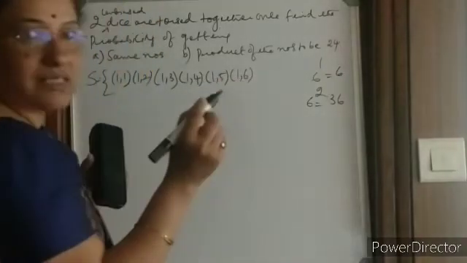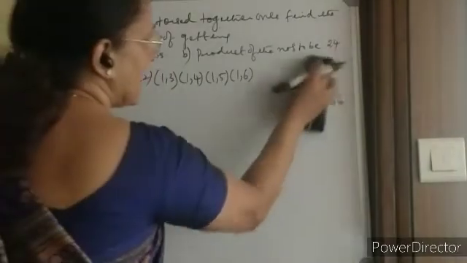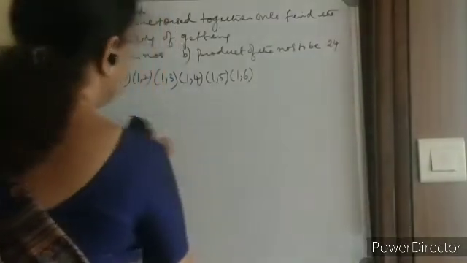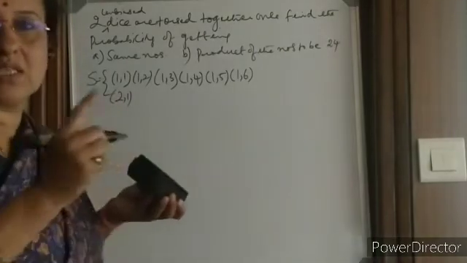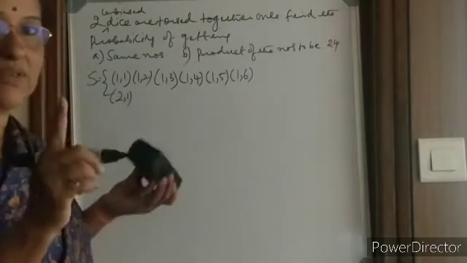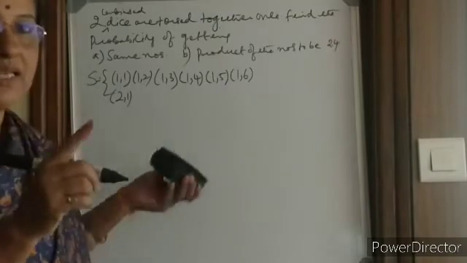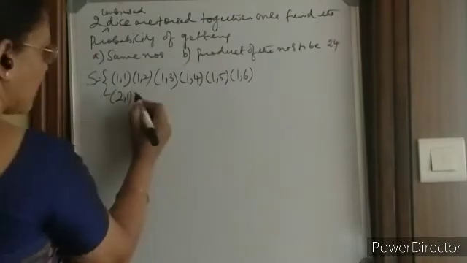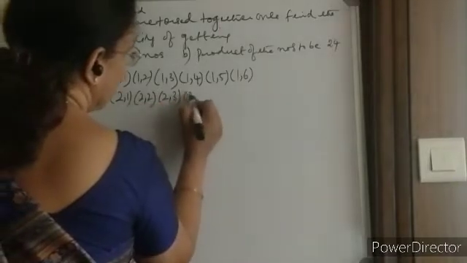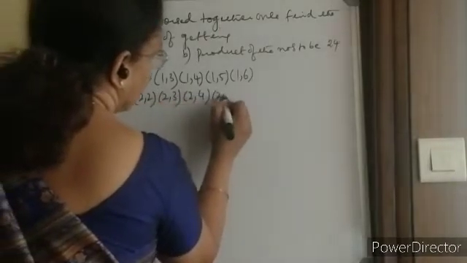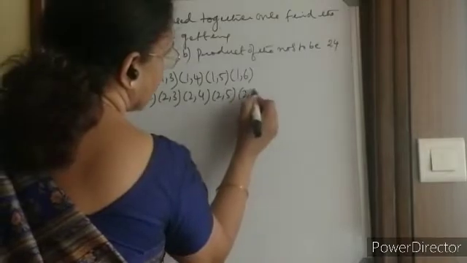I'll stop here because only 6 numbers are there, so I can't write any more. Now the next one will become 2,1. The first die will show number 2, the second die will show number 1. So the next combinations are 2,1, 2,2, 2,3, 2,4, 2,5, 2,6.